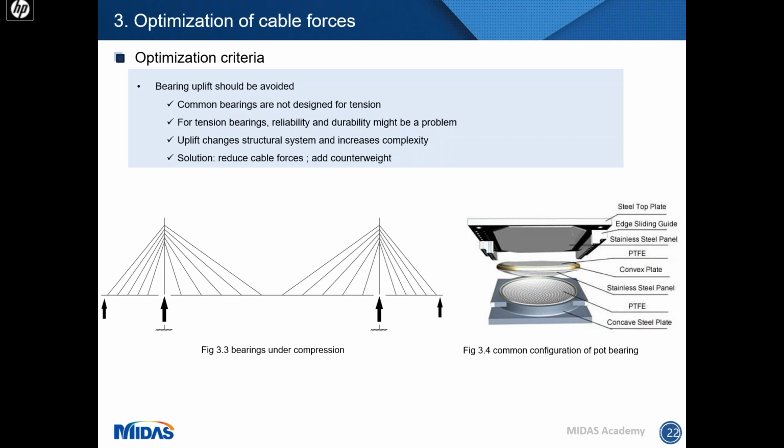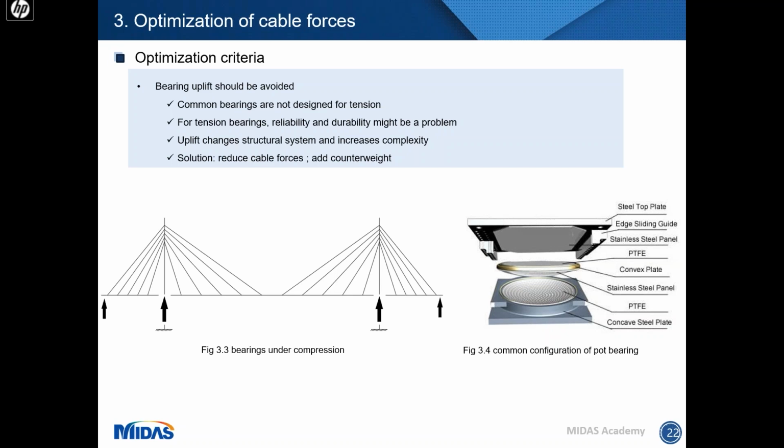And we know when designing, we need to consider all the possible load combinations. Sometimes we apply vehicle load first, then we apply the wind load or the thermal load. And in another case, we apply the wind load first and then thermal or vehicle. That means the structural system might change a lot, and this is very complicated.